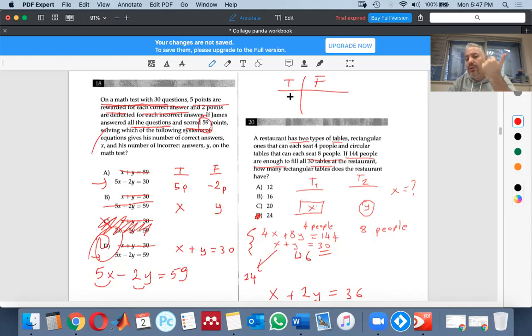I don't know how many correct, so let us say X correct. Instead of Y, by the way, you can say directly 30 minus X. If there are 30 questions in total, wrong ones are 30 minus X. But since when I check the alternatives, everything is in terms of X and Y, for that reason I said Y. I can even solve the question with 30 minus X. Anyway, I don't want to confuse your mind.